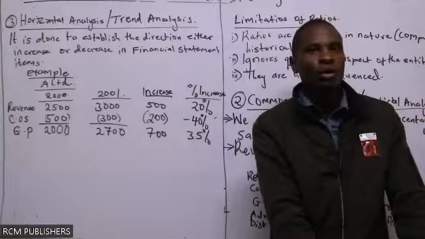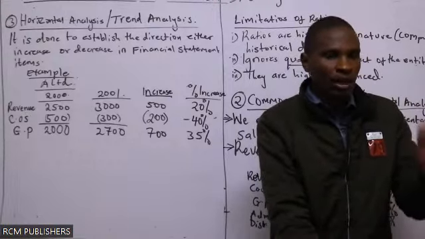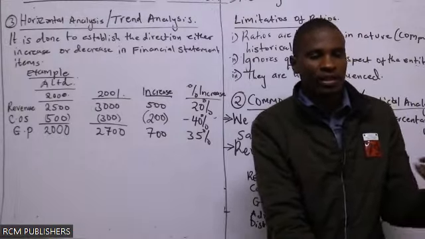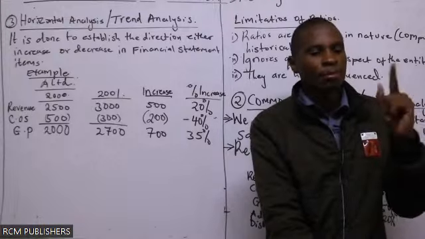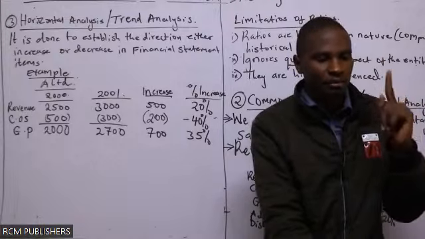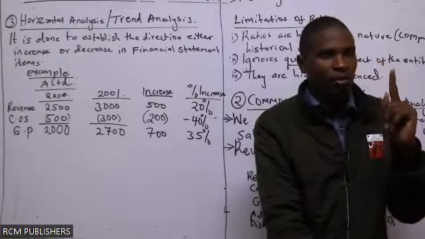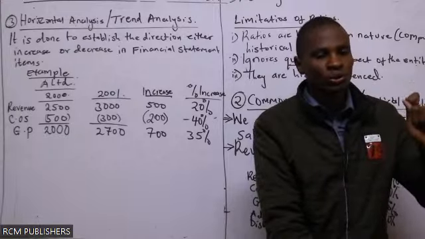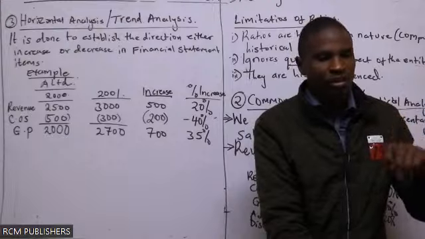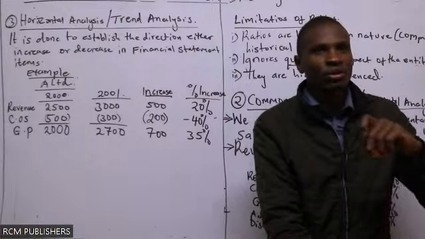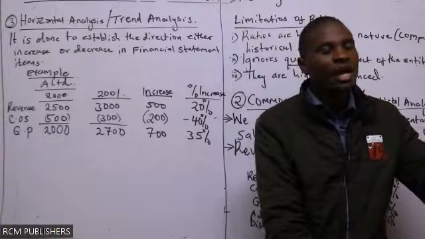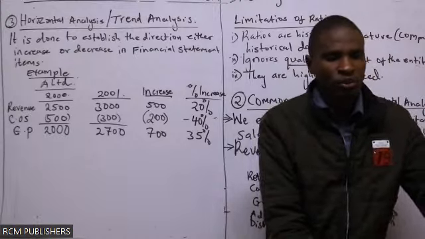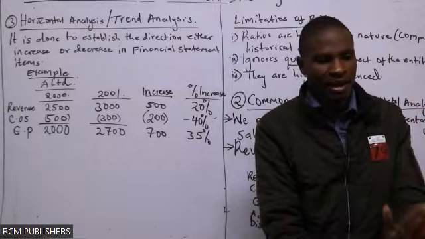What you have to know is whether the examiner wants you to give it in a horizontal way or in a vertical way. When you are giving it in a vertical way, always remember the base figure is revenue in the income statement. In the balance sheet, the base figure is the total assets, and the total equity and liabilities will be at 100%, because it will be that figure divided by itself and then multiplied by 100.